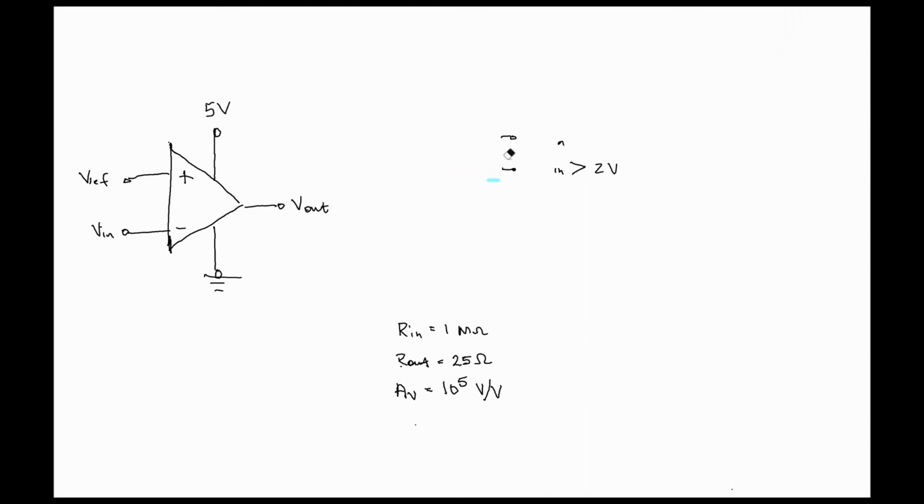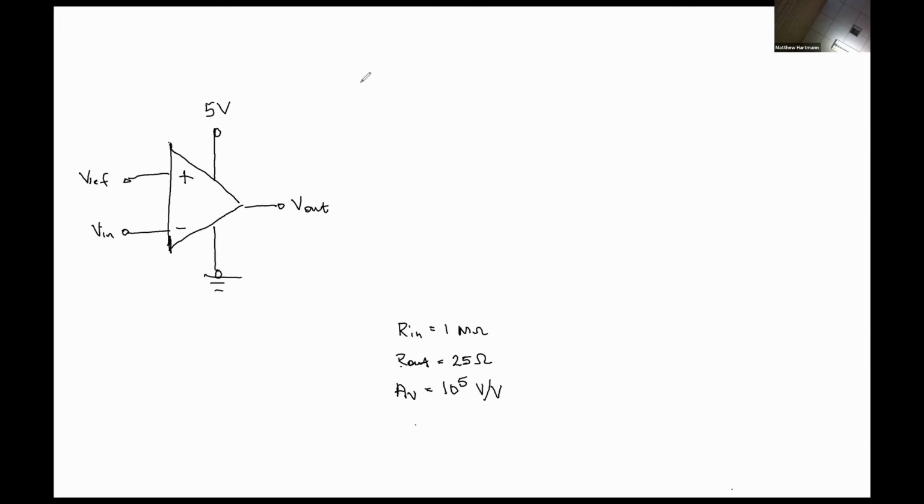Does that just make it a non-inverting? So the last one was a non-inverting comparator. So this one's going to be an inverting comparator. Okay. I said yes. So if the input signal is on the non-inverting pin, we have a non-inverting comparator. And if the input signal is on the inverting pin, we have an inverting comparator.